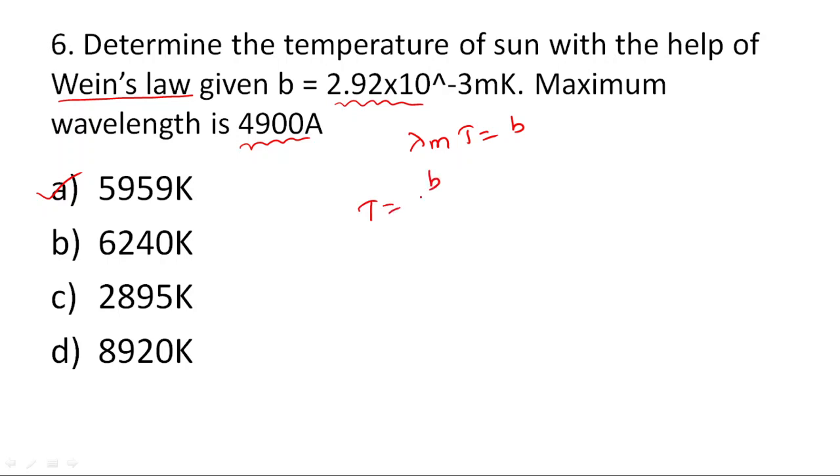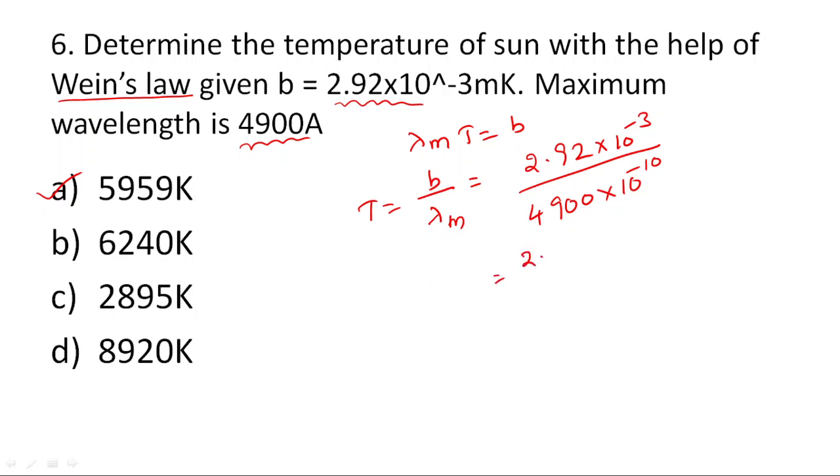T is equal to B by lambda m. Here B is given as 2.92 into 10 power of minus 3 in meter Kelvin, so we have to write the wavelength in meters: 4900 into 10 power of minus 10 meters.